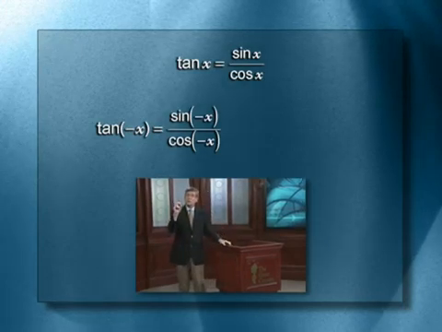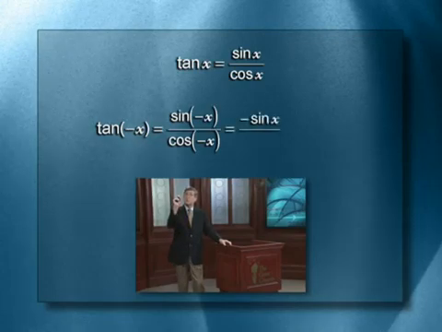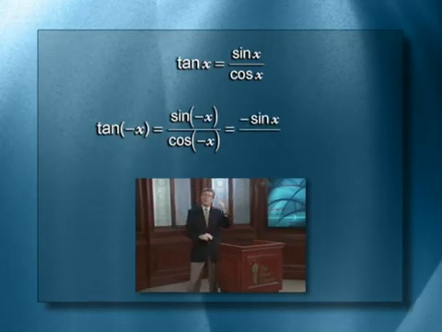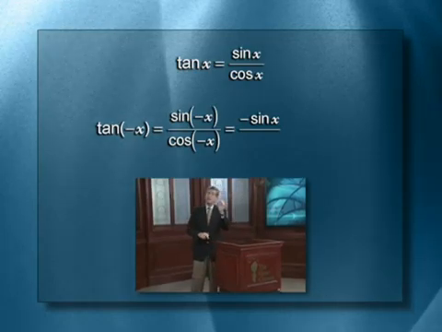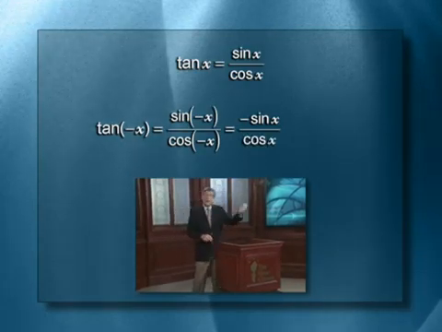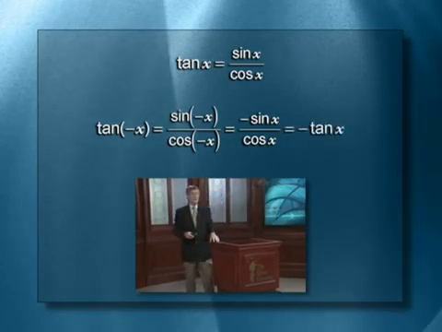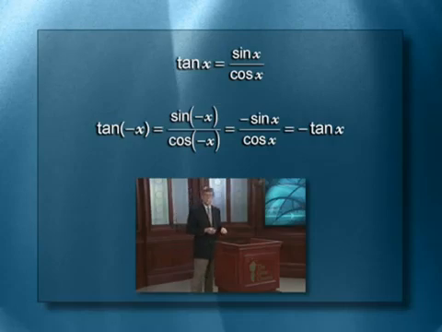Then remember the numerator, sine of minus x, is an odd function, so that's minus sine x, whereas the denominator is an even function, so cosine of minus x equals cosine x. Pull out that minus sign and you have minus tangent x. So we'll have some symmetry here across the origin.